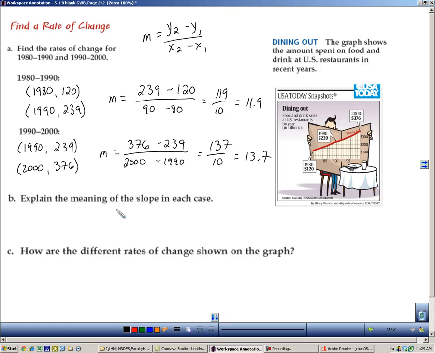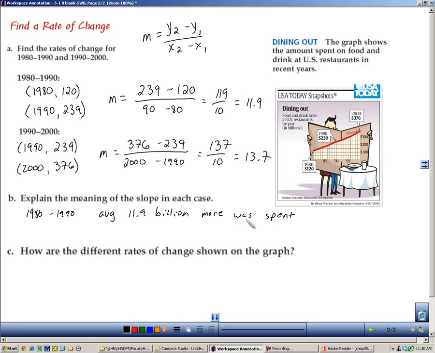Now I have to explain what those mean. So from 1980 to 1990, an average of 11.9 billion, because that's what it means, 11.9 billion more was spent at the restaurants.